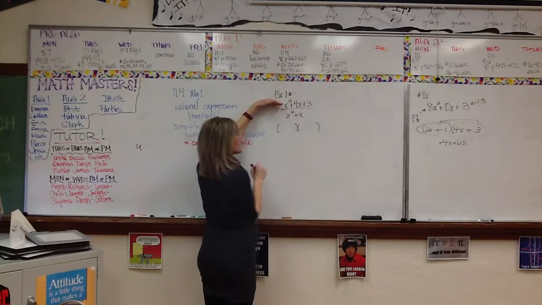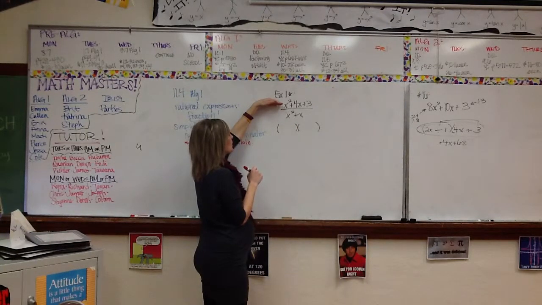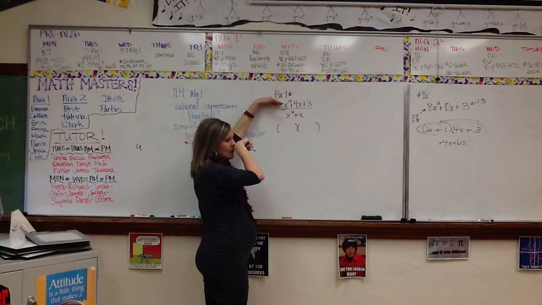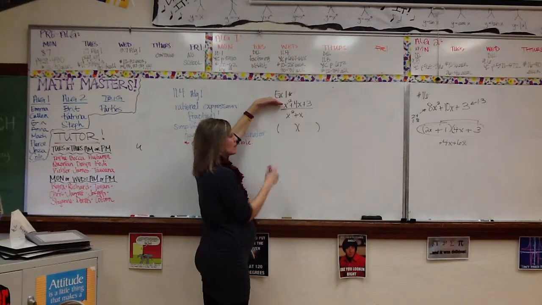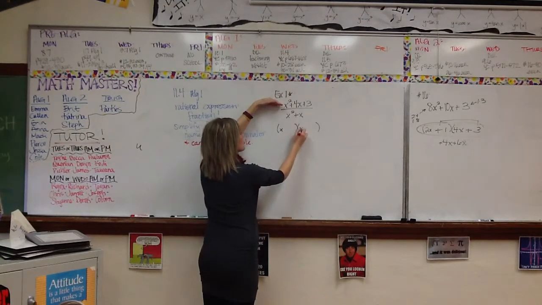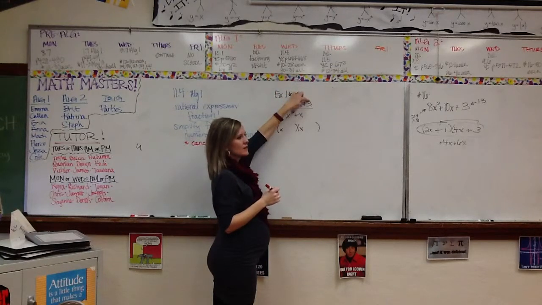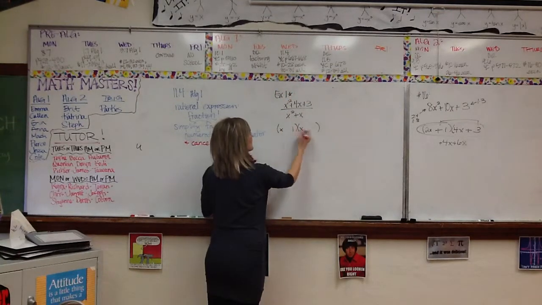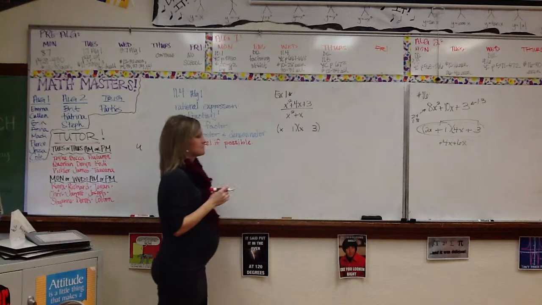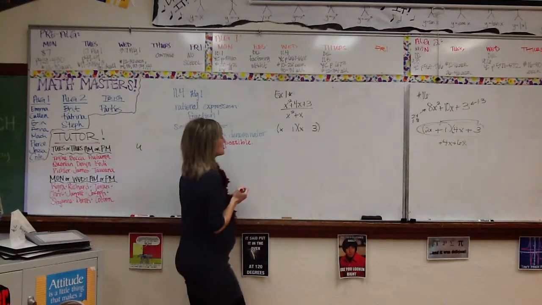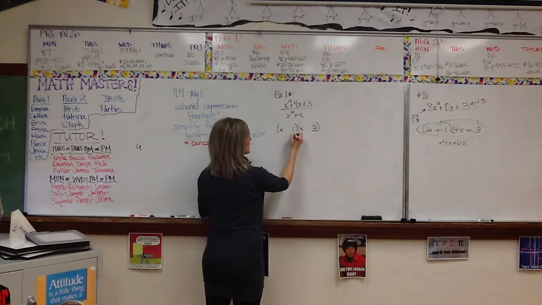2 sets of parentheses. Brandon, x squared is going to split up into x and x. Factors of 3? 1 and 3. Alyssa, help me with my check. 1x and 3x.